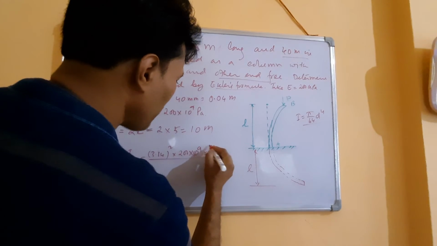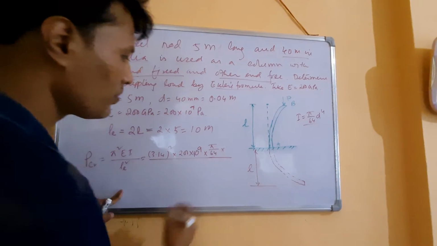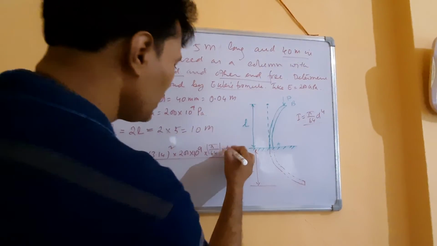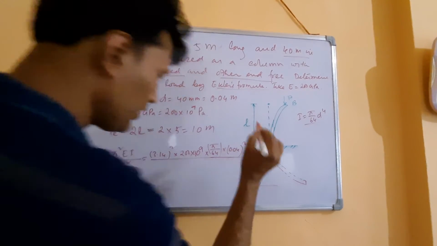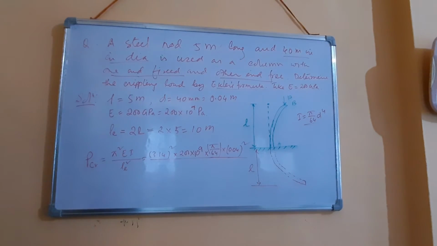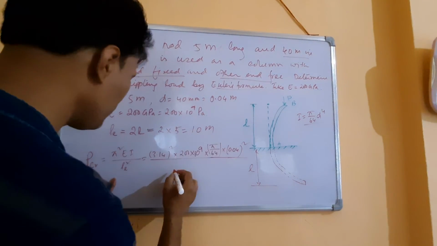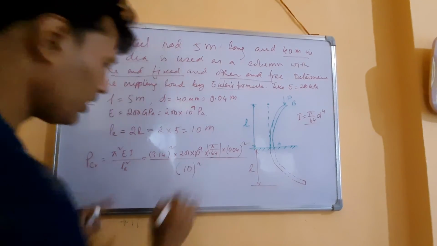So this is pi divided by 64 into bracket 0.04 whole to the power 4, divided by Le square. Le is equal to 10, so 10 square.